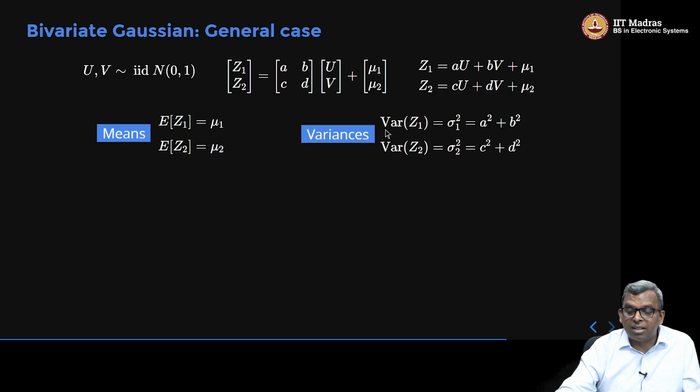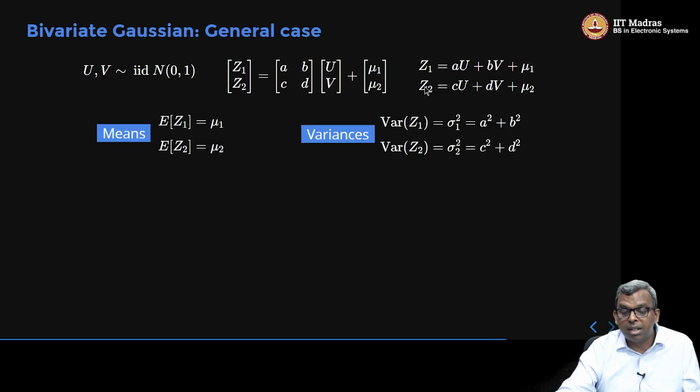Variance also is very easy. Variance of Z1, supposing you want to call it sigma 1 squared, is going to become a square plus b square. We have seen this before, right? Variance of Z1, you can ignore mu1, it's just a constant addition, and a square plus b square becomes the variance. It's quite an easy calculation. If you don't believe me, you can do expected value of Z1 squared minus expected value of Z1 whole squared, and you will get the same quantity. It's a good exercise to try.